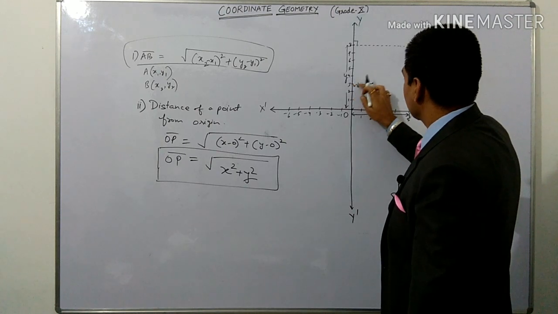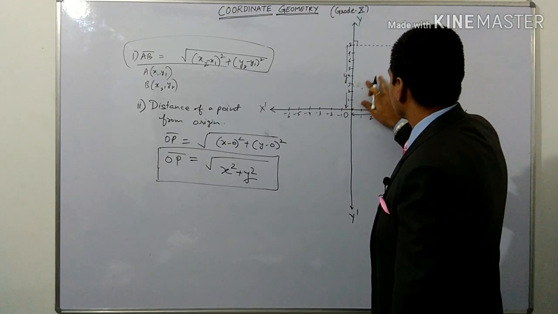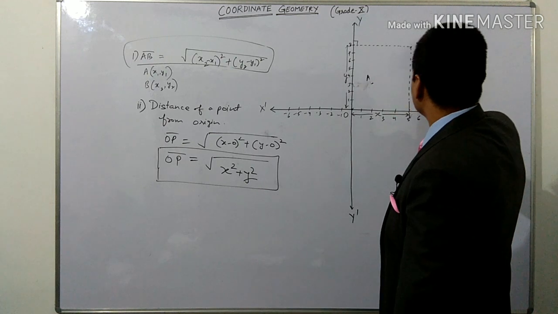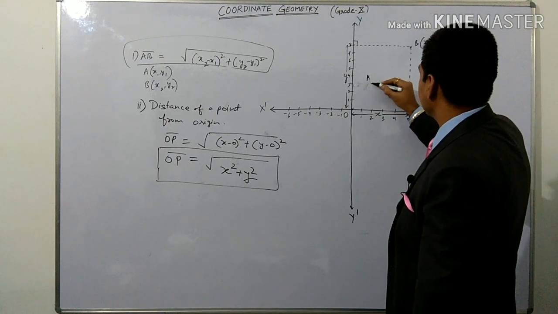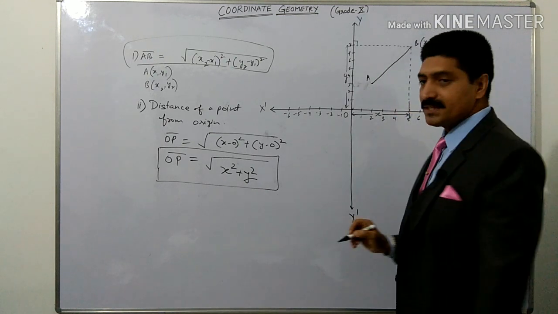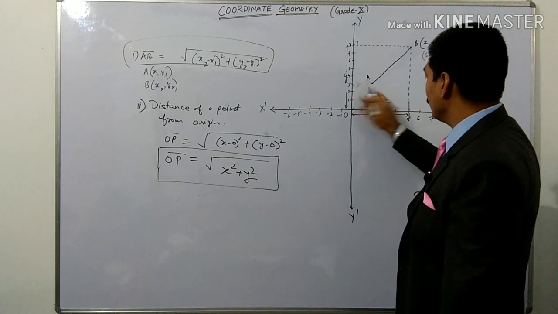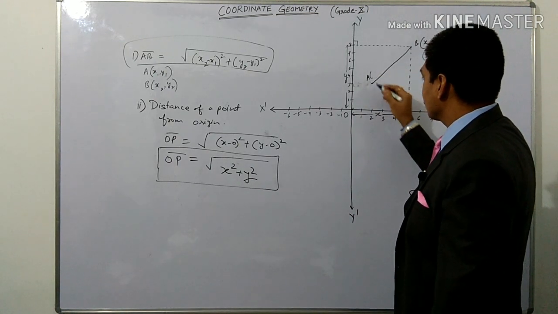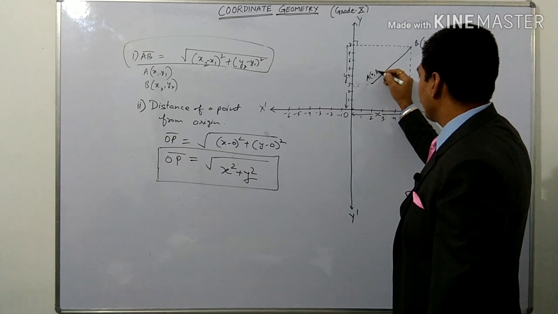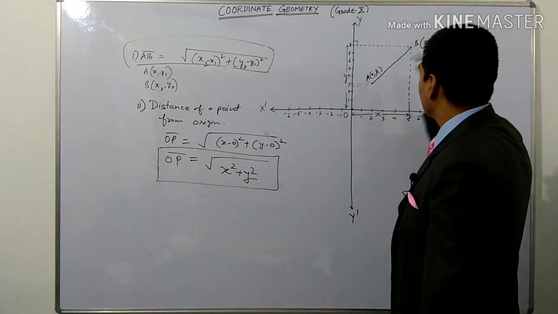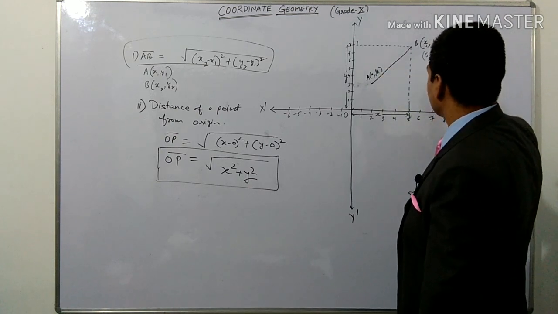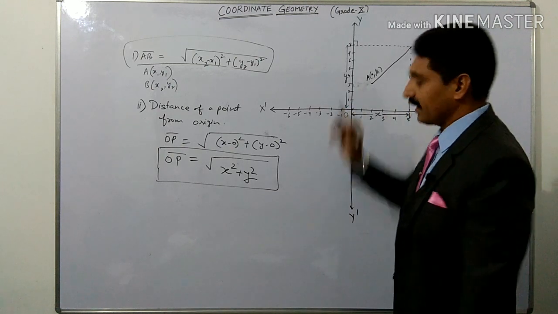These are the coordinates of A point, and these are the coordinates of B point. We are interested to find the distance AB. So we know here the coordinates, this is x1, y1, and here it is x2, y2. So what is the distance between AB?